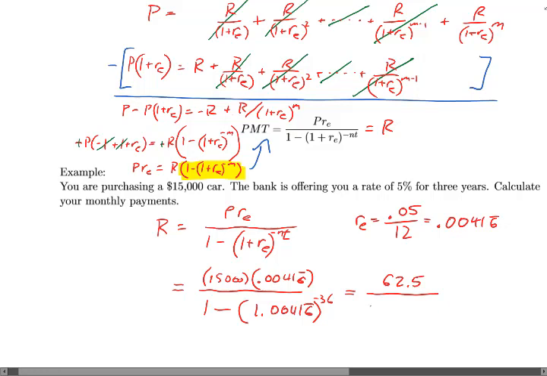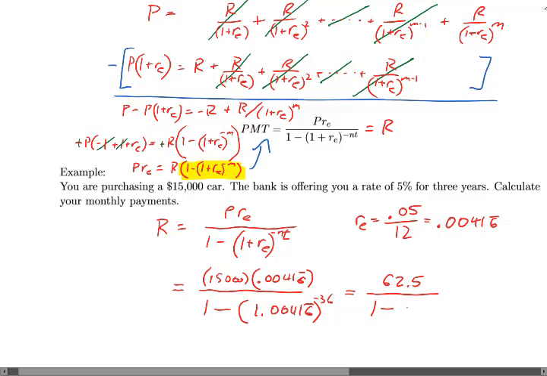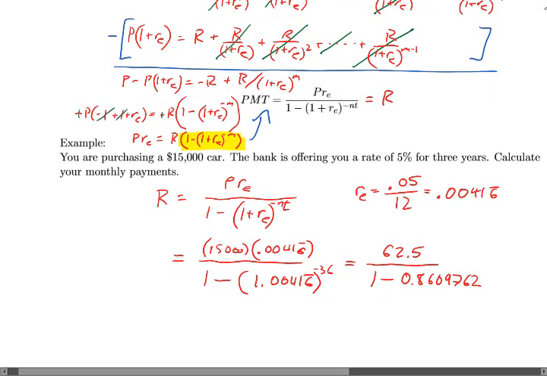So we'll multiply it on the top, 62.5. And in the bottom, 1 minus 0.860976. Okay, got that second one.